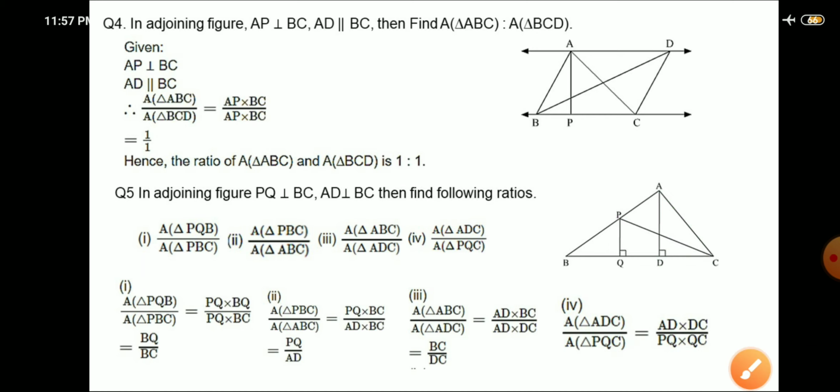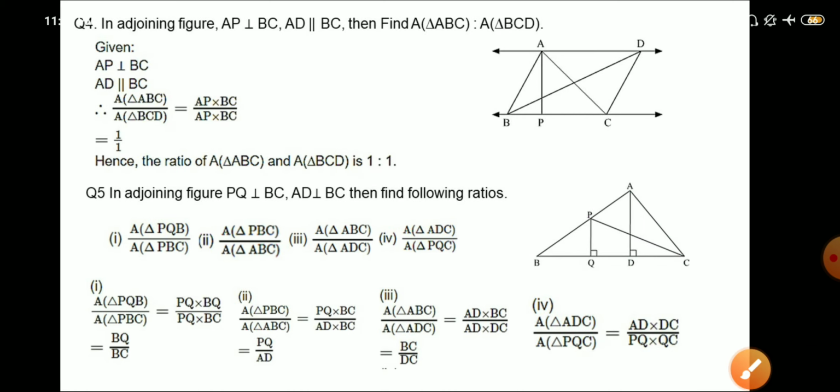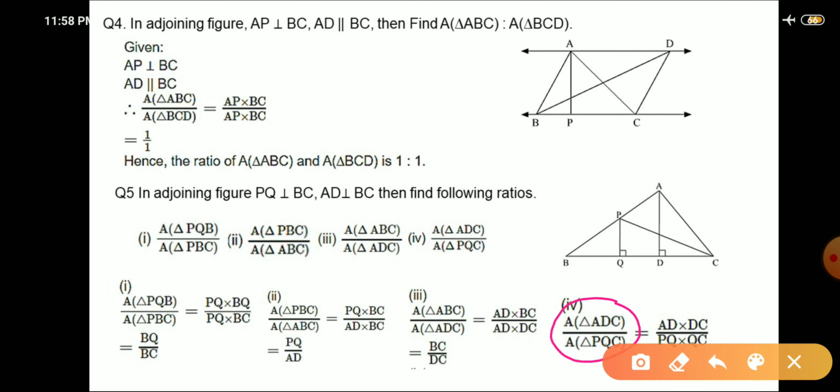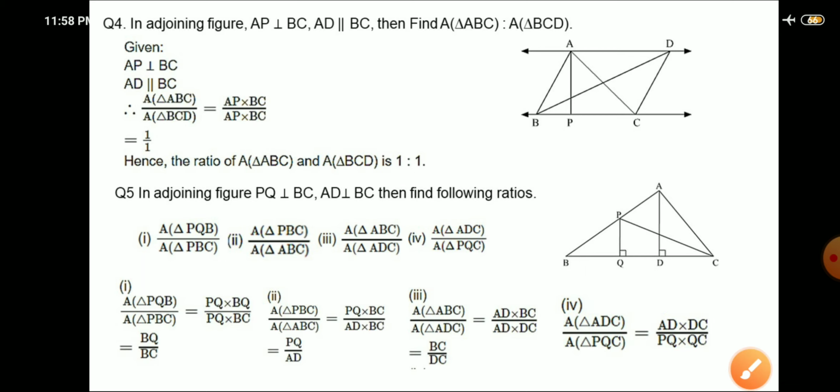Therefore the ratio of the areas of these two triangles is equal to the ratio of the product of their corresponding heights and bases. Here AD is the height of triangle ADC and DC is the base of triangle ADC, upon PQ, which is the height of triangle PQC, and QC, which is the base of triangle PQC.